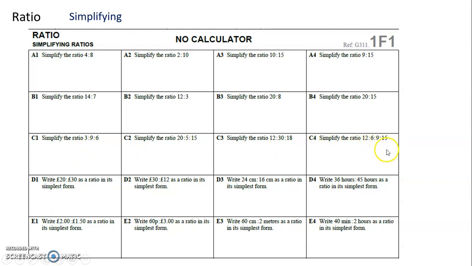You've just got 4 bits to divide. And then in part D, you've got units being introduced, but here the units are the same. So really you don't need to do anything to change those. And then in part E, you've got units, but you start to get questions where the units are different on either side of the ratio. So you have to make them consistent first of all.